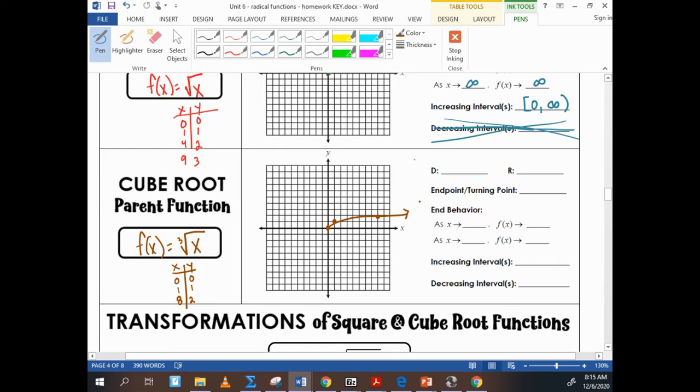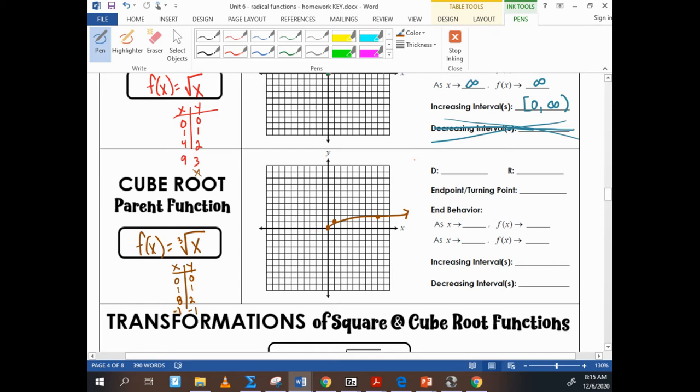Okay, now this one's a little different because you can actually take the cube root of a negative number. Before you couldn't. 1 squared is 1, but if you square negative 1, negative 1 times negative 1 is also a positive 1. So you couldn't do a negative number, but down here you can. If you plug in negative 1, well, negative 1 times negative 1 is positive 1, but when you times it by negative 1 again to cube it, it gives you a negative 1.